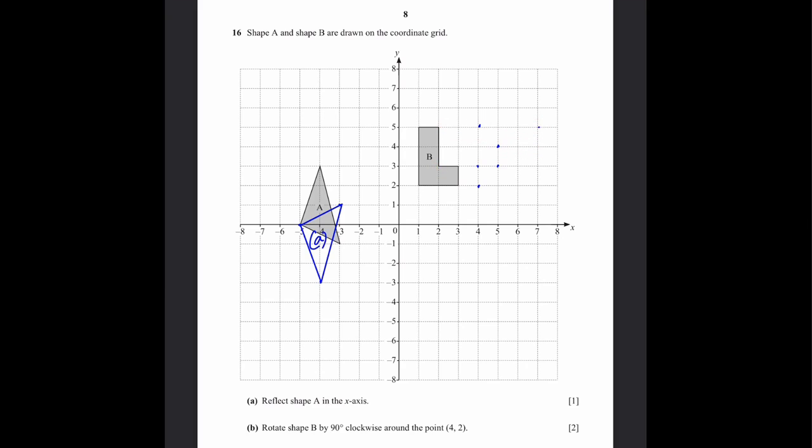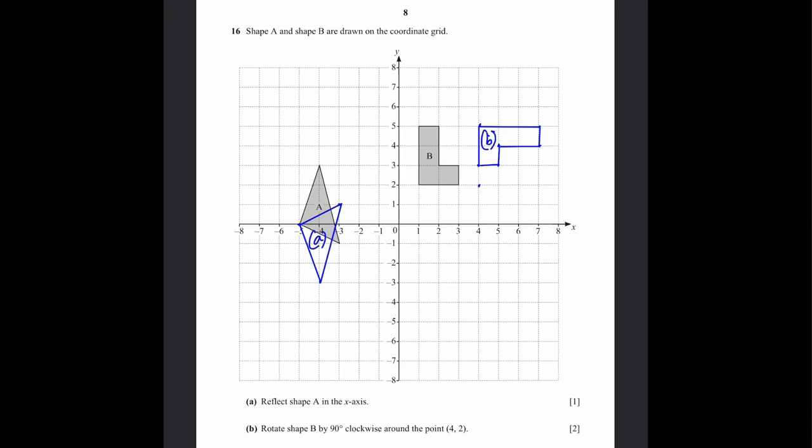So we can just draw the last 2 points, and now we can just connect the dots over here just like this. And now we formed the shape B rotated 90 degrees clockwise around point 4, 2, and we can just label this as part B. That's the answer.